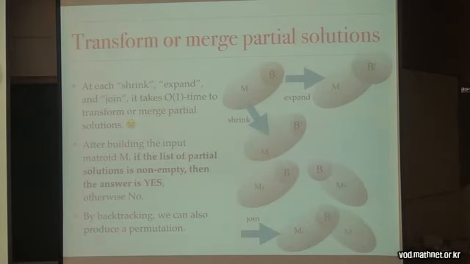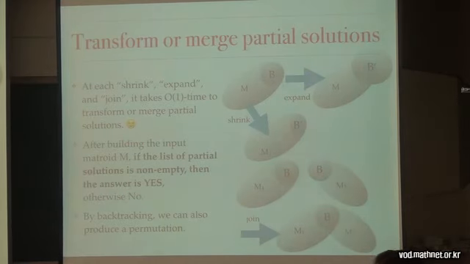Joining is more non-trivial, but still you can enumerate all possible ways to make a chain, two chains here, and then enumerate all possible ways to construct that chain by summing two chains from here and there, and then you have a partial solution there, a partial solution there. The amount of running time here is still constant. It doesn't depend on the size of the matroid. There's lots of things to write.